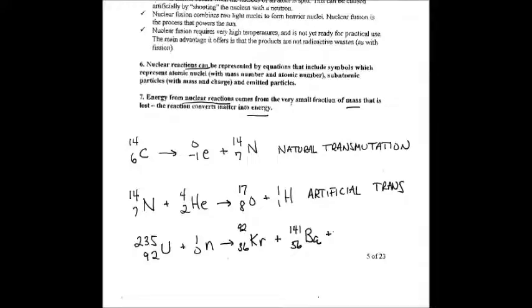And the identifying feature is that it gives off more neutrons. This is fission. And then if we take two light particles and combine them, fuse them together, this is fusion.